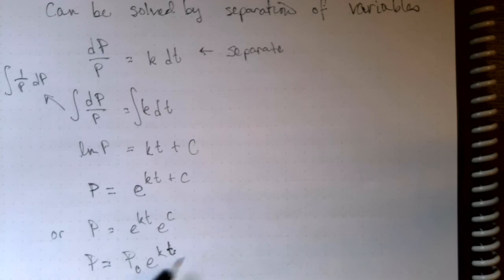So when t equals 0, this factor determines the value that you're going to get. Okay? So that is how we can use separation of variables to solve this differential equation.